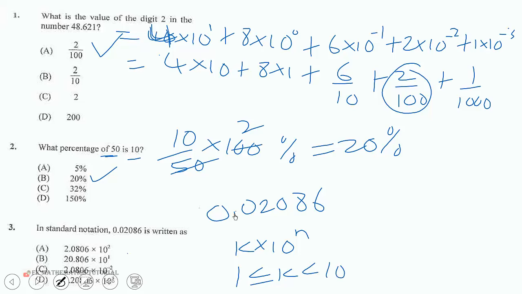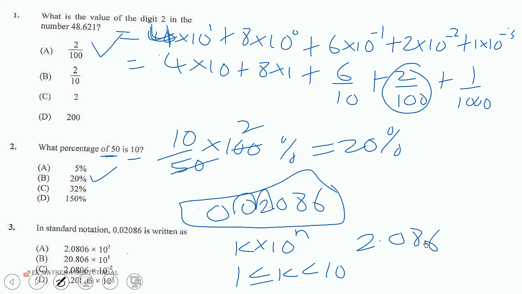So the number here is not less than 10 yet, so this will be the k. It's not within this range yet, so we move it forward until we are in that range. So that will give us 2.086.